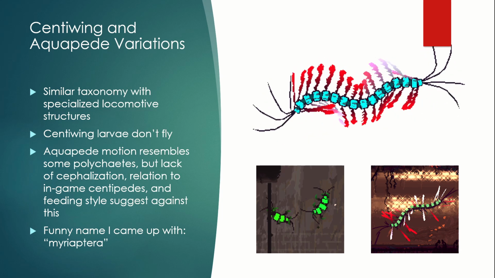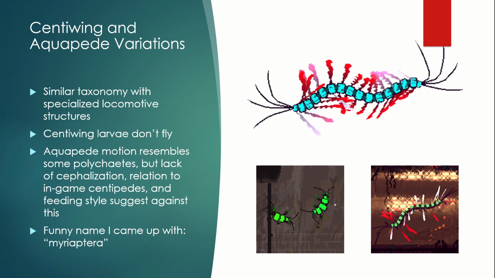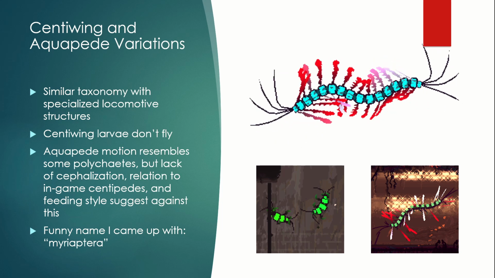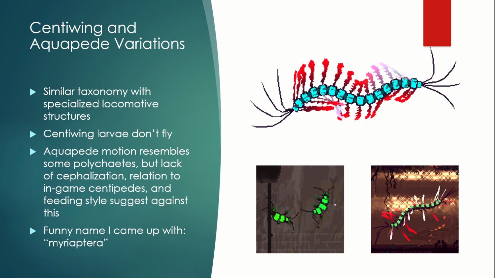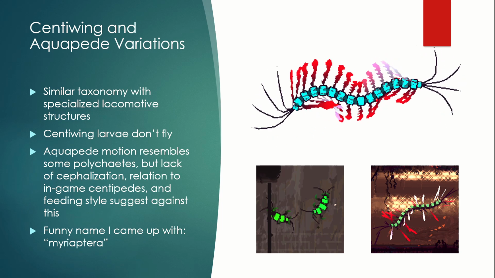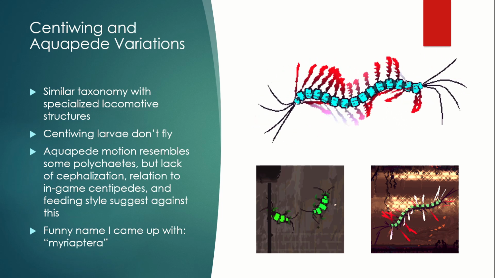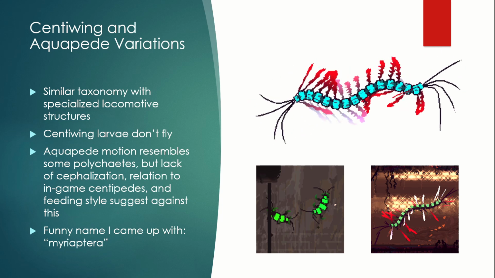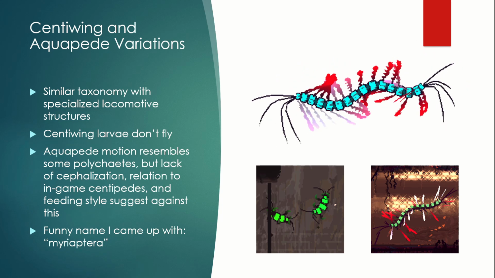Cwing larvae do not actually have the ability to fly and have the standard locomotive structures of the in-game centipedes. Aquapede motion resembles polychaetes, which I just made a note of because I think it's interesting, but because of the lack of notable cephalization and their relation to the in-game centipedes, I don't think this actually has any bearing on potential phylogeny within the game.